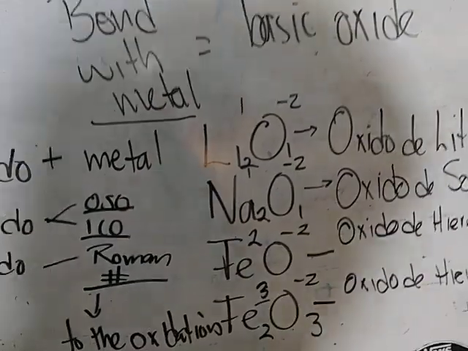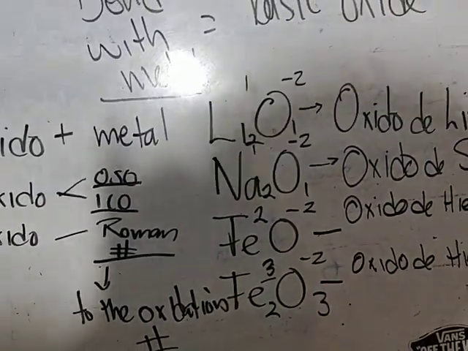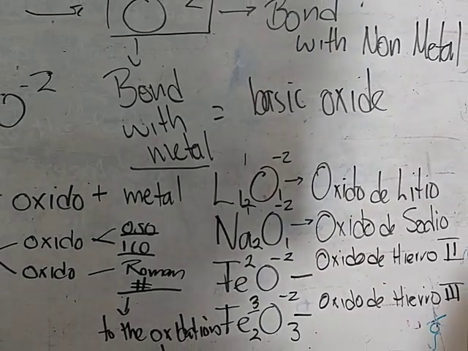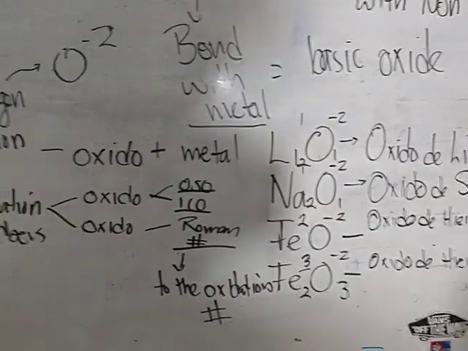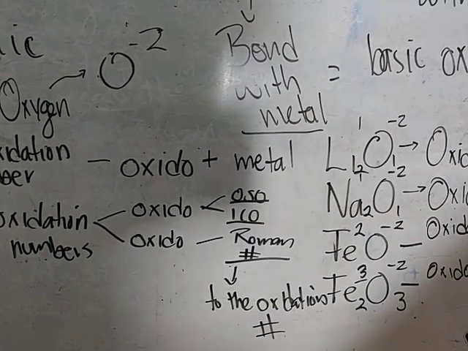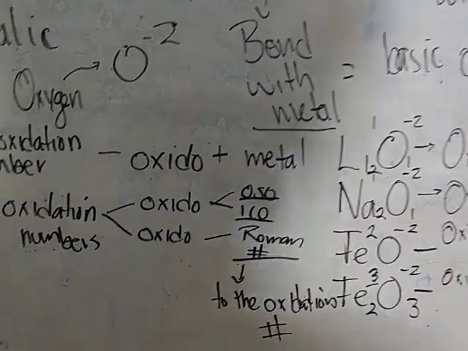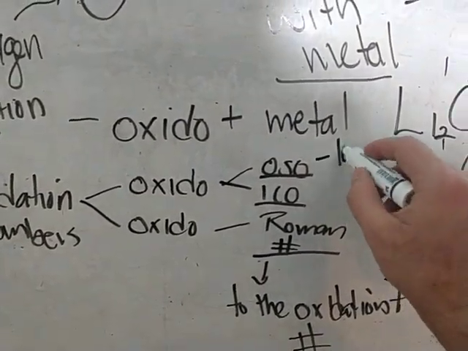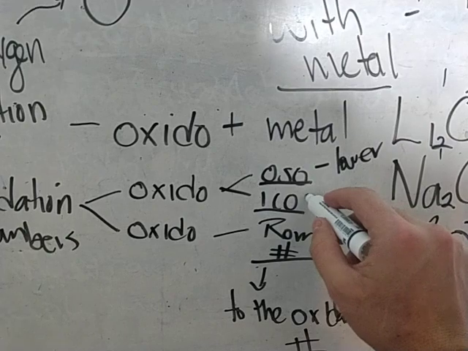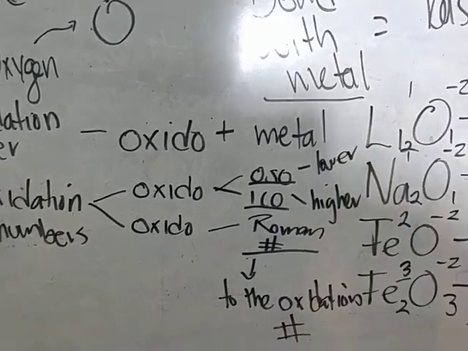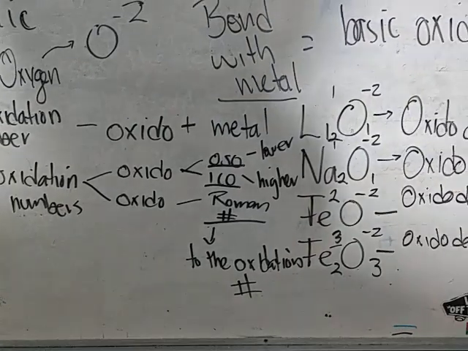Then I can work the other option, which is the naming of the components with the endings -oso and -ico. Do you remember -oso and -ico? Well, when I have the lower oxidation number, I'm going to use -oso. And when I have the higher, I'm going to use -ico. So what happens in this case?